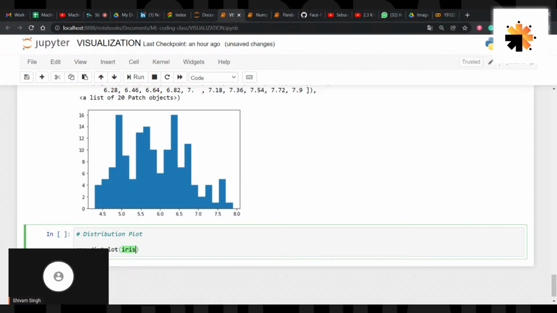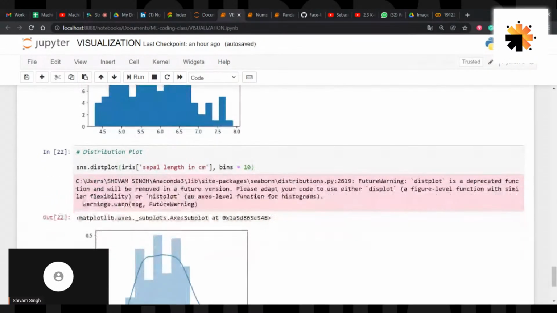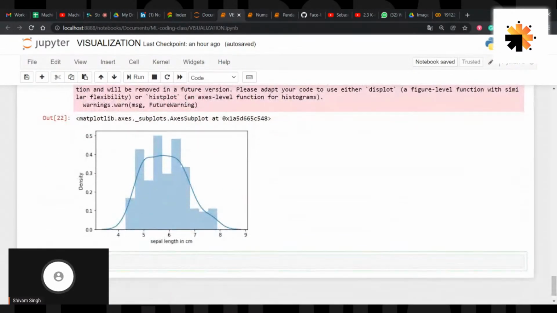Then I'm having iris, sepal length, and now this is the kind of graph I am getting.